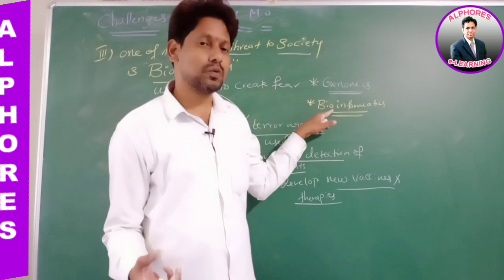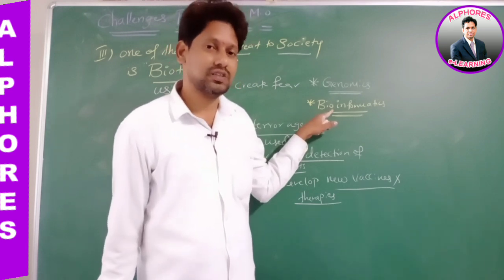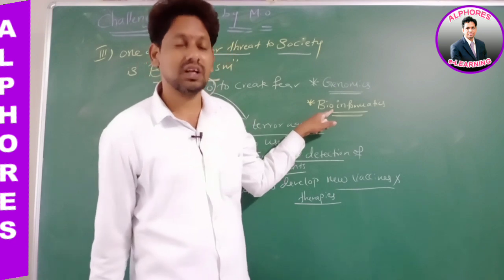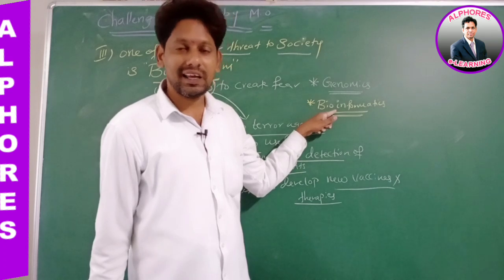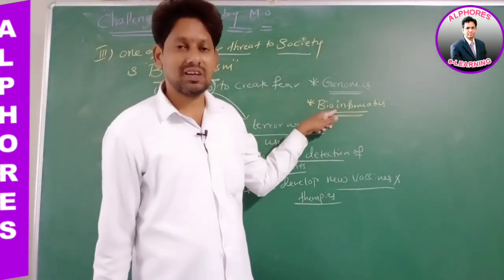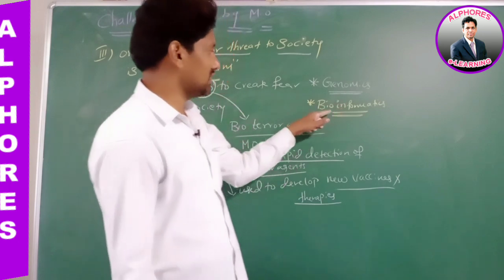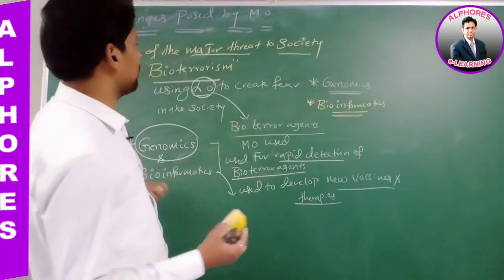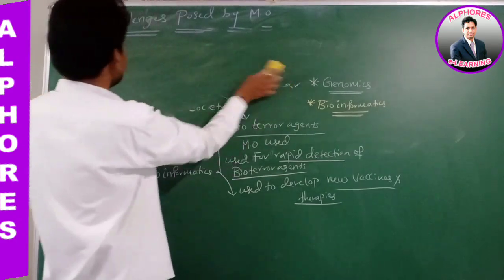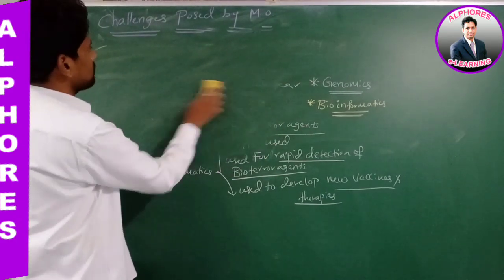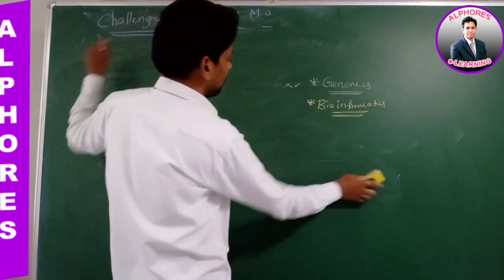Sir, complex biological data, best example, genetic code. Which code? Genetic code. Therefore, collection and analyzing of complex biological data such as genetic code by using computers is called what, sir? Bioinformatics. This is concerned with the challenges posed by microorganisms to human society.